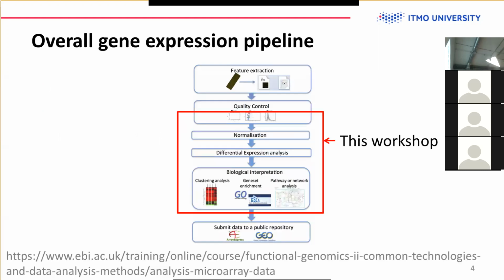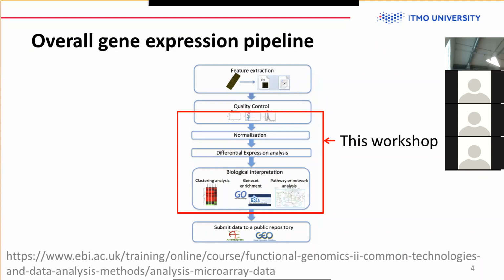The overall gene expression analysis pipeline consists of several stages. One is obtaining gene expression data, like RNA sequencing or microarrays. We'll work with the middle part, with some pre-processed data.